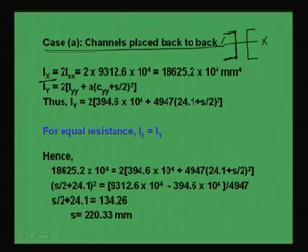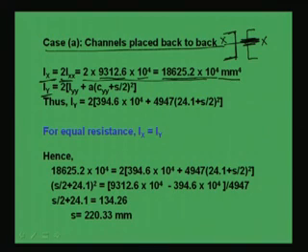If this is x, then Ix means 2 into Ixx, because we have the individual Ixx here. So, Ix is 2 into Ixx, which is equal to 2 into 9312.6 into 10 to the 4, which is 18625.2 into 10 to the 4 millimeter to the 4. This will be the moment of inertia of the built up section about the x axis.